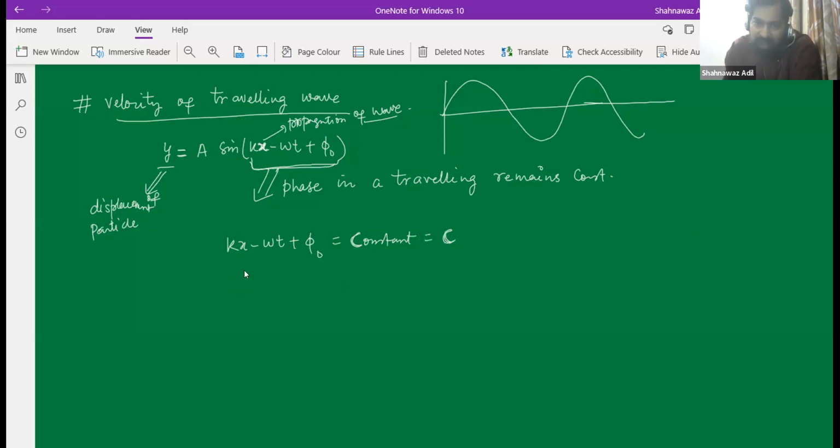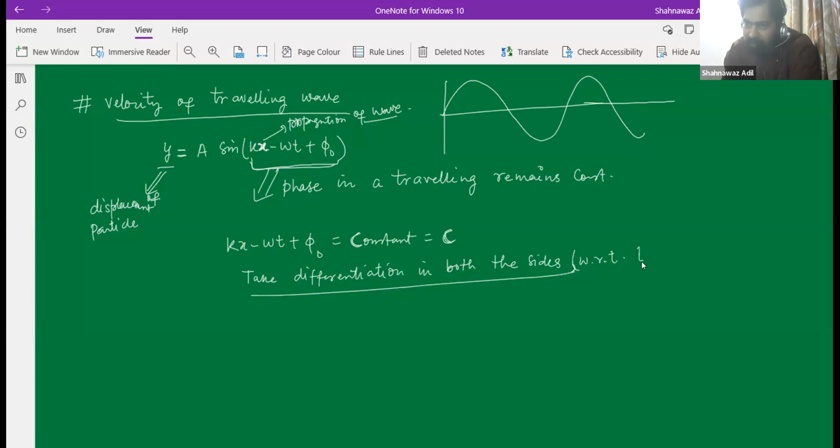So if we take differentiation on both sides with respect to t, this would be d/dt of the whole thing, kx - ωt + φ0, and this is a constant.